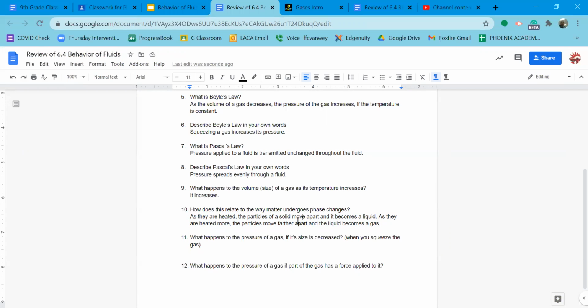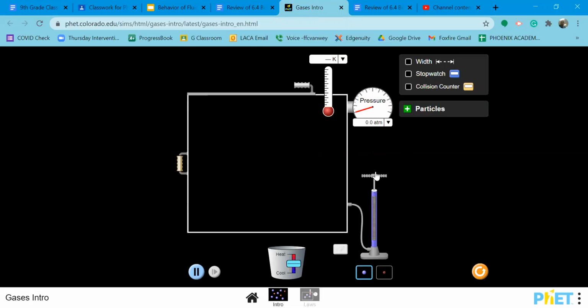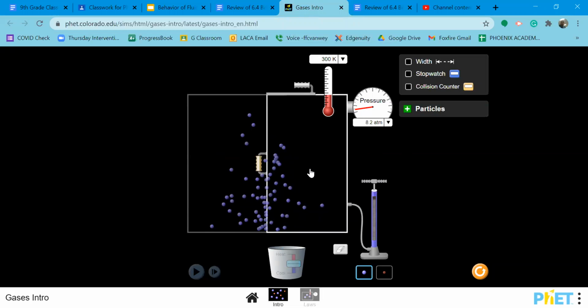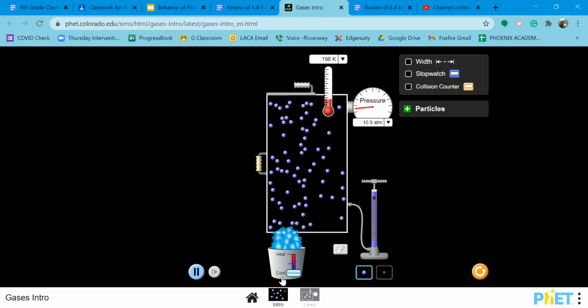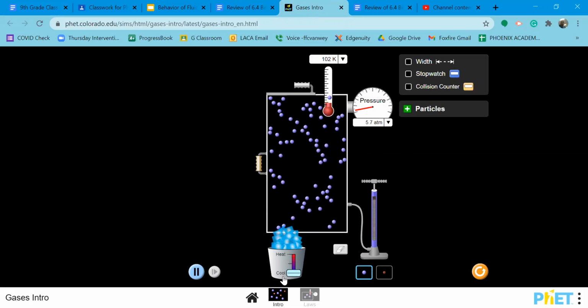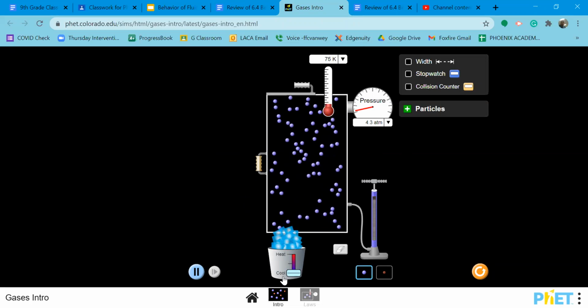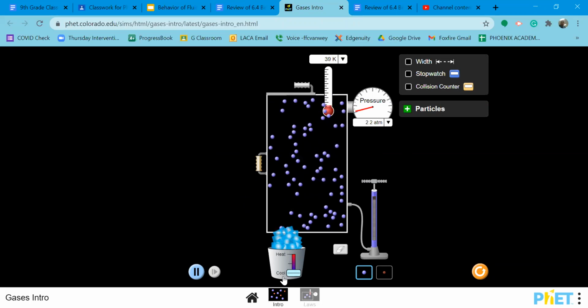This will be easy to show you guys in the lab. I'm going to go ahead and do that. Make this container a little smaller so that they have to run into the ice here. Try to get this temperature as low as it will let me take it.